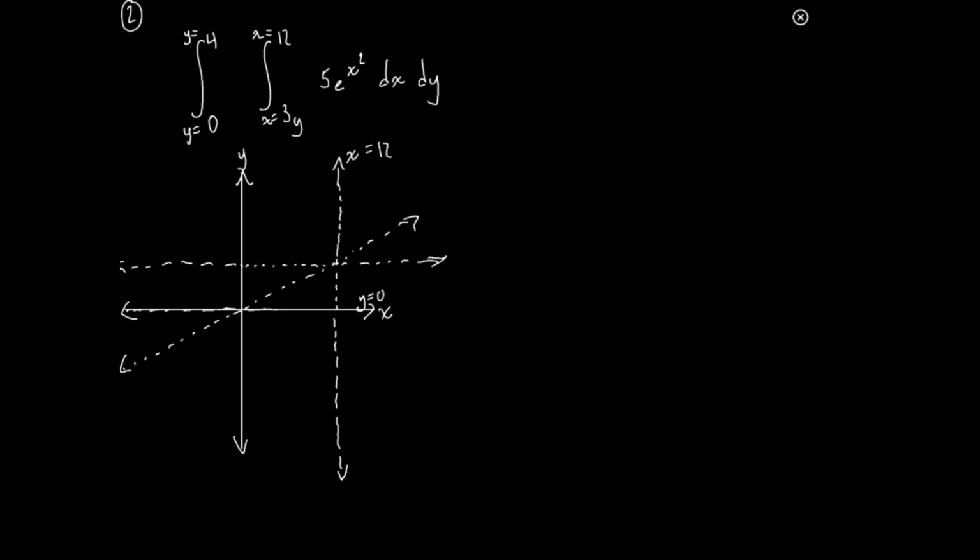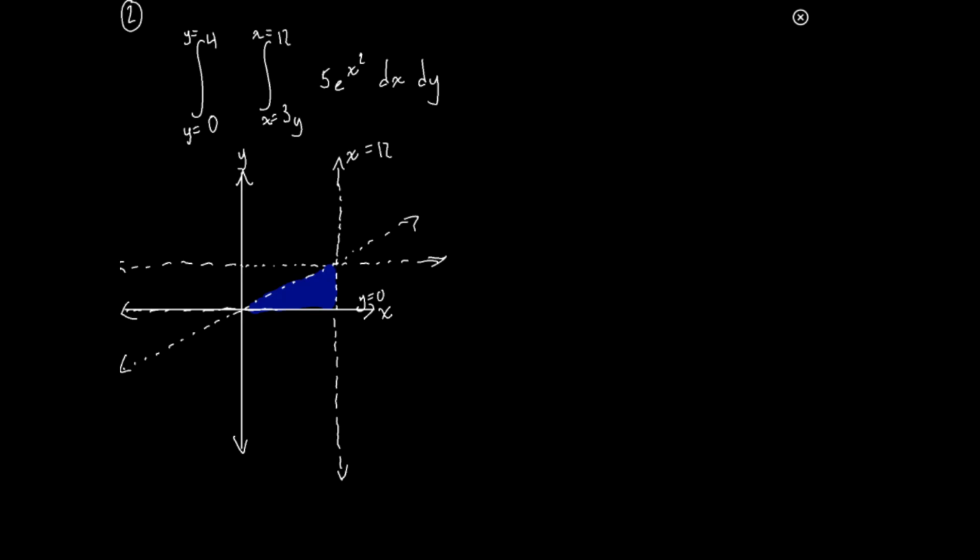So which region is enclosed by all of these bounds? You might be tempted to say this region right here, but that would actually be wrong because we don't actually have a bound right here. There is no bound at x equals 0. That isn't an equation. So it's actually this right here.